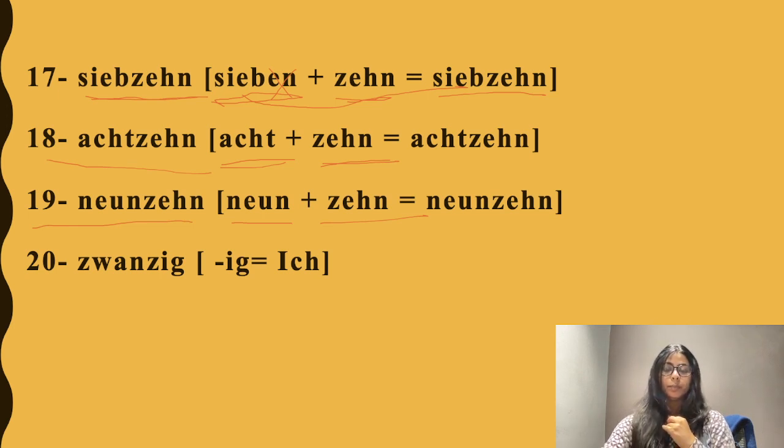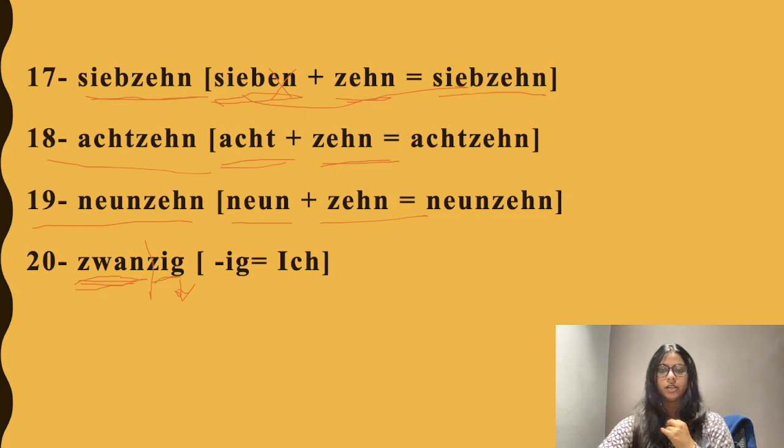Now remember, this G forms a part of an ig suffix. Now what do I mean? Zwan is prefix. If you have learned prefix and suffix, then you would understand here what I am trying to explain. This zwanzig is broken down in two parts, zwan and zig. So zwan is prefix and zig is suffix.